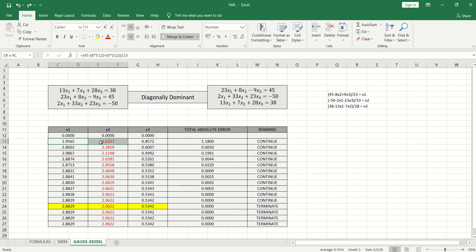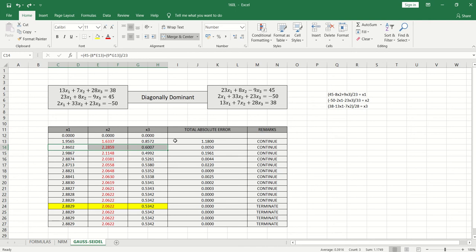These values of x1, x2, and x3 will then be substituted into this iterative formula, like the process that has been done in the first part. After getting the x1, x2, and x3 here and substituting them in the formula, we will get the following corresponding values.